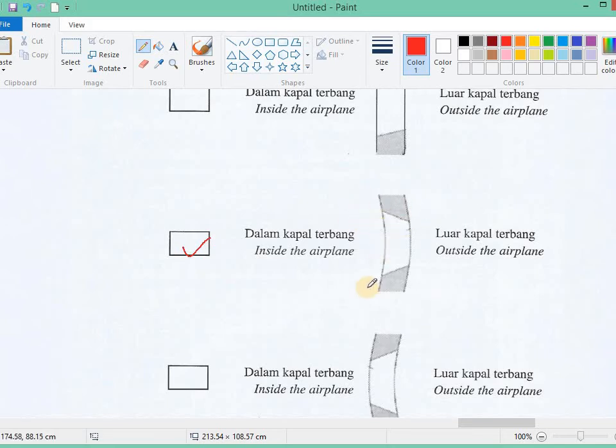So if it's curved, then the force from the pressure can be distributed more evenly, so it won't cause the wall or the window to break, or to bend like that.